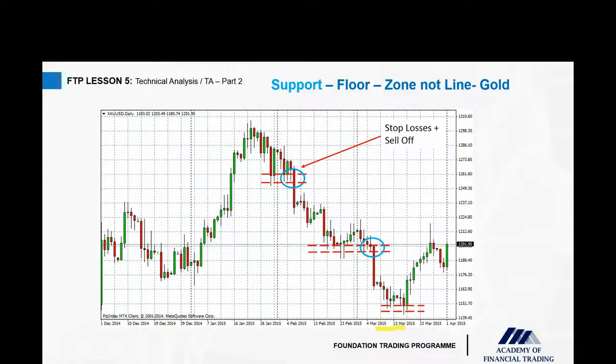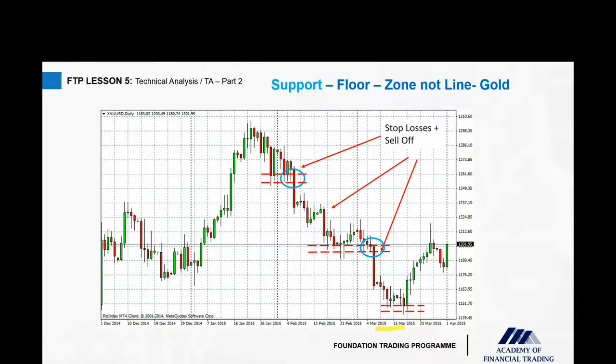But we can see that when traders place stop losses, they cause sell-offs to occur when their favored direction is not met. So that's what we're looking to do. We're looking to trade against the habits, against maybe the uneducated ways of the retail trader. So these areas are very, very useful.